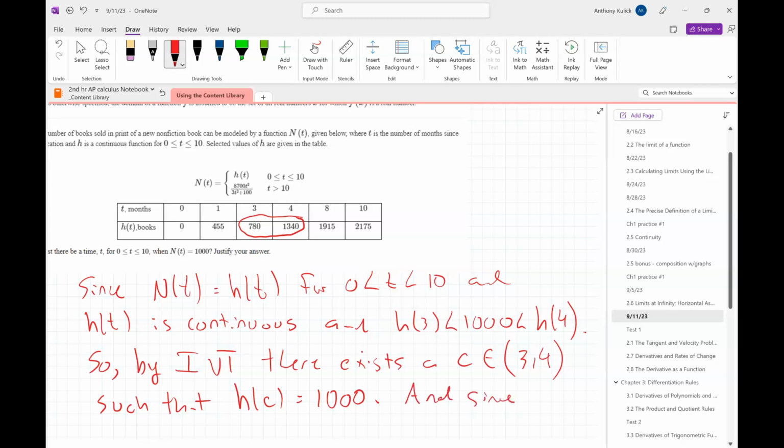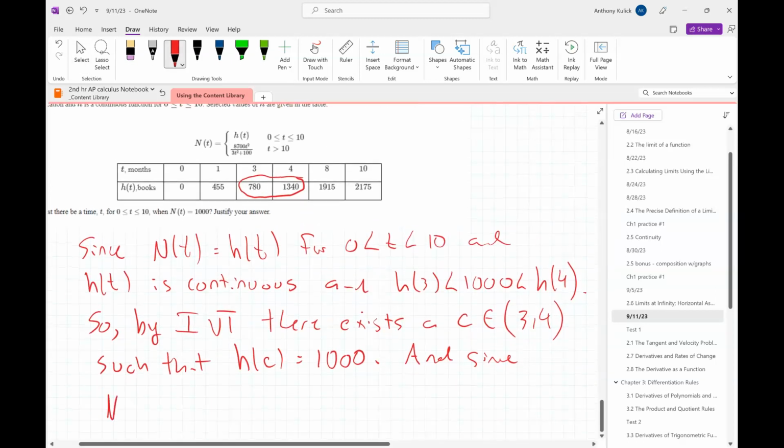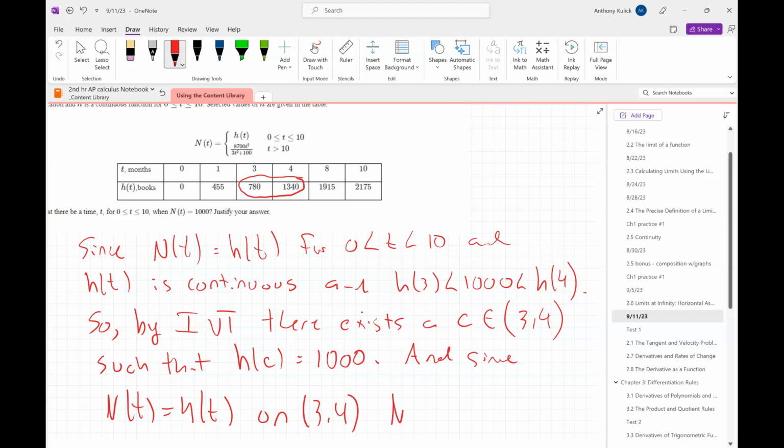And since n of t equals h of t on 3 to 4, n of t is equal to 1,000.